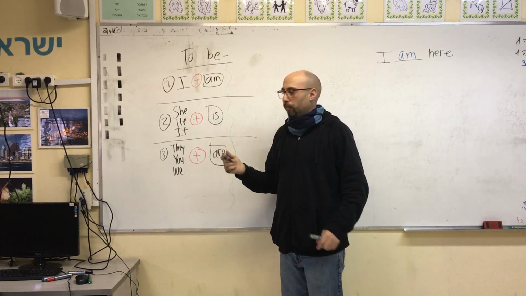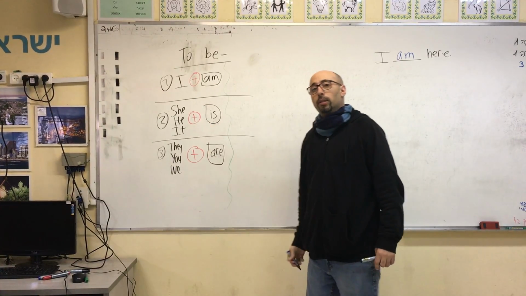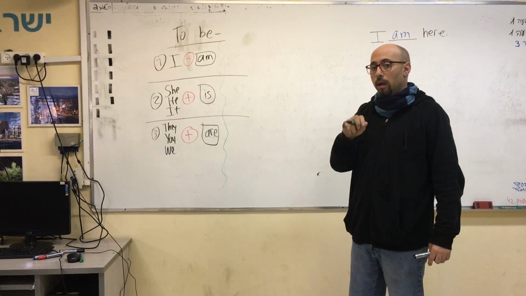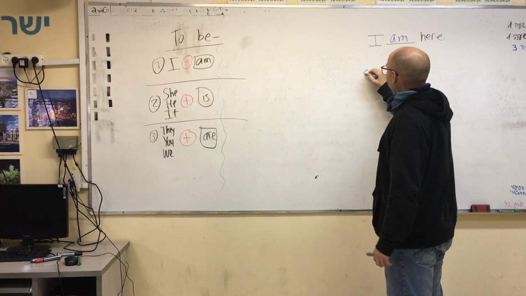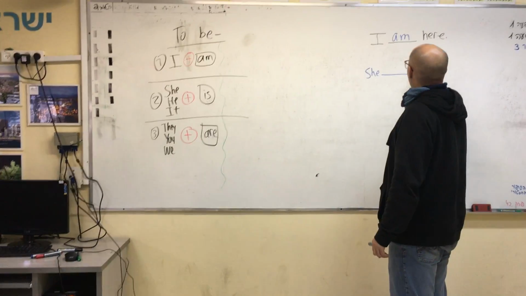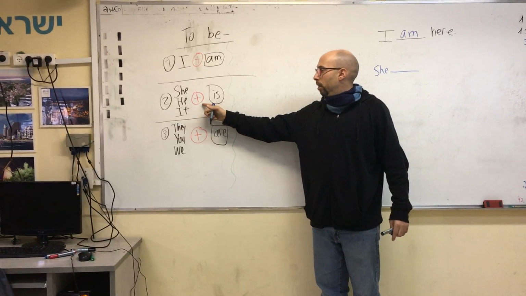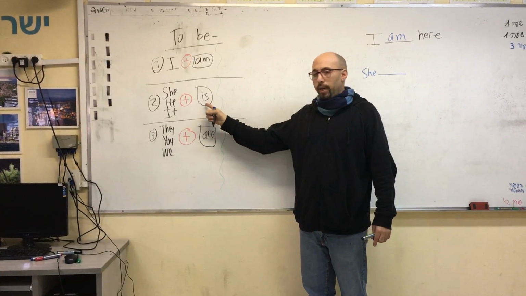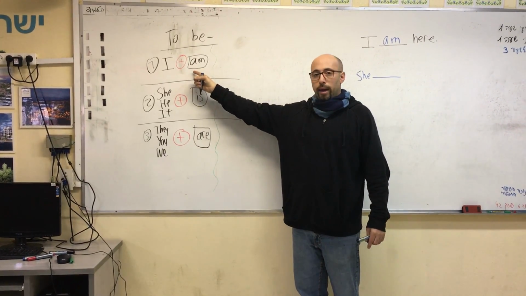I am here. Now, if I want to speak of somebody else, someone in the singular, one, it could be she, he, or it, then I have to remember that it is. Everything which is one is, with the exception of I.